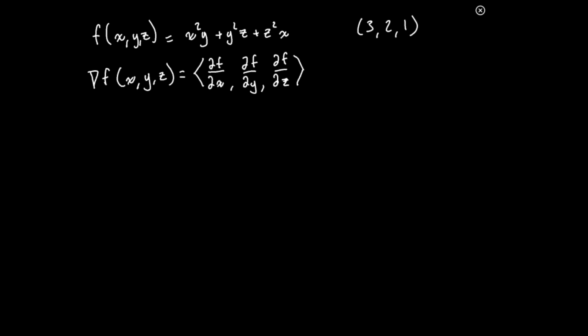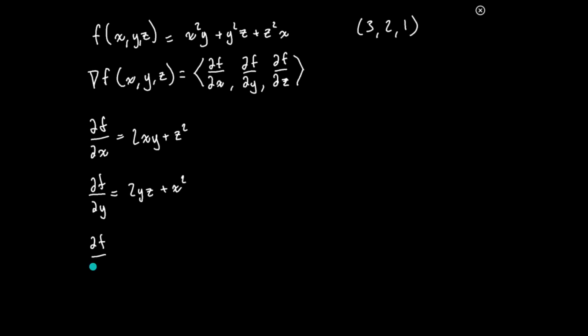All right, so let's solve for each of these partial derivatives. So partial derivative with respect to x would be 2xy plus z squared, right? Then we have partial derivative with respect to y would be, let's see, 2yz plus x squared.